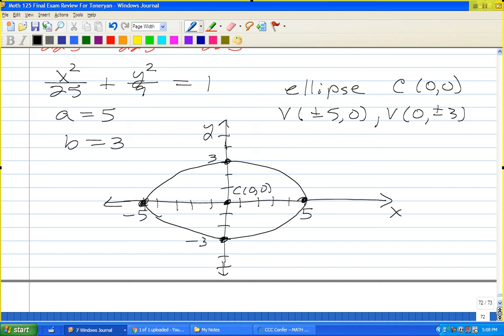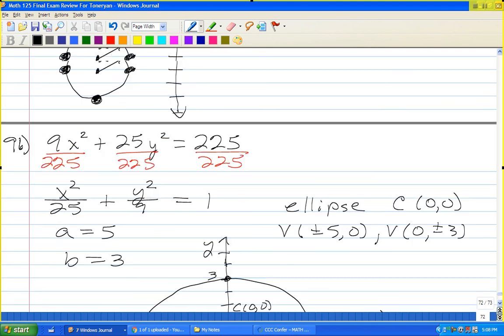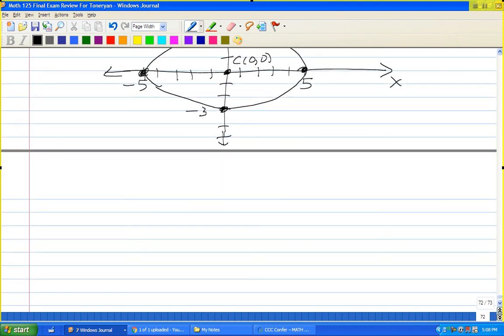Let me do problem number 97. 25x squared plus 16y squared is 400.